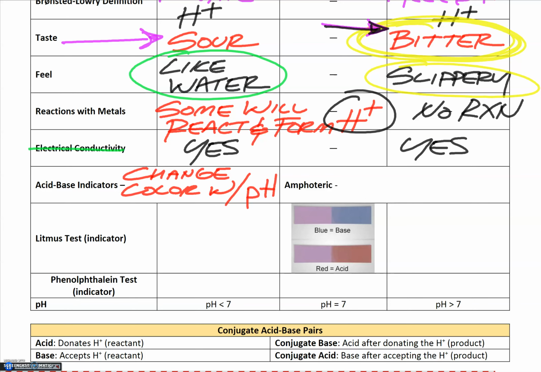So amphoteric. This is simply something that can be an acid or a base. So it can be classified as both, and you can consider it depending on the situation.